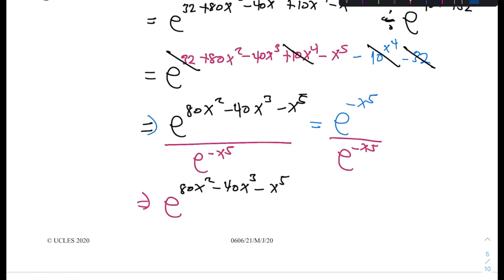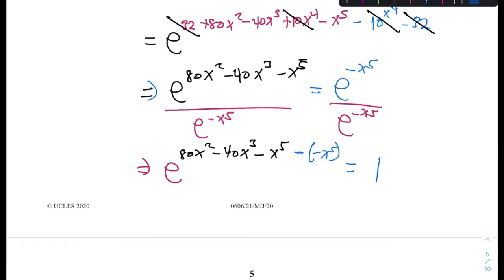However, it has to subtract because it's dividing, so you have minus this is equal to 1 because e to the power negative 5 over that is 1. Now this is what we have, right? The next thing you want to do is to get rid of it, because this and that will get rid of themselves. So you are left with e to the power 80x squared minus 40x cubed is equal to 1.